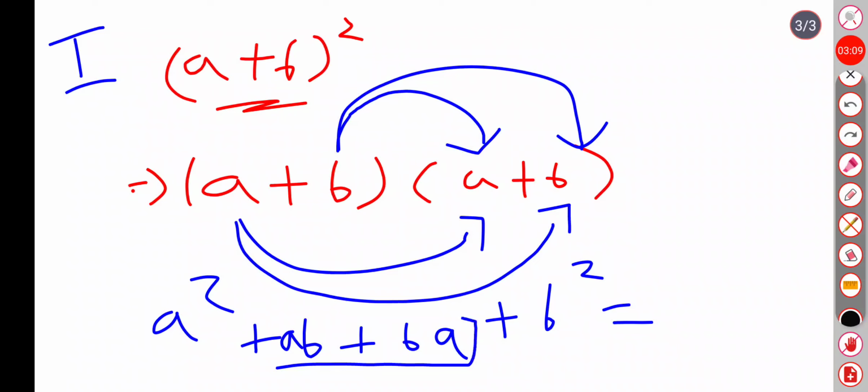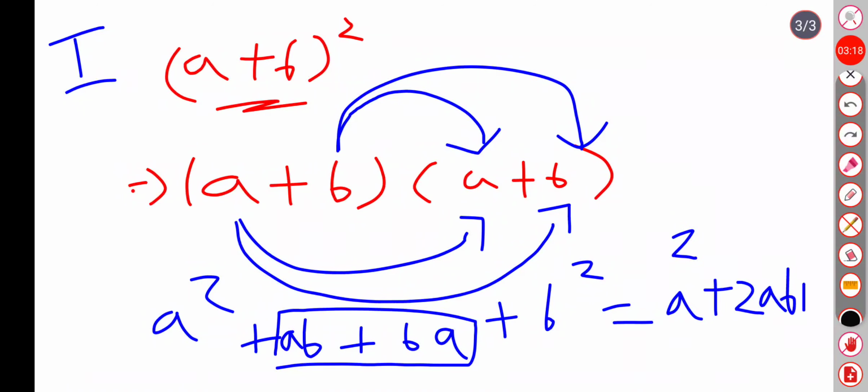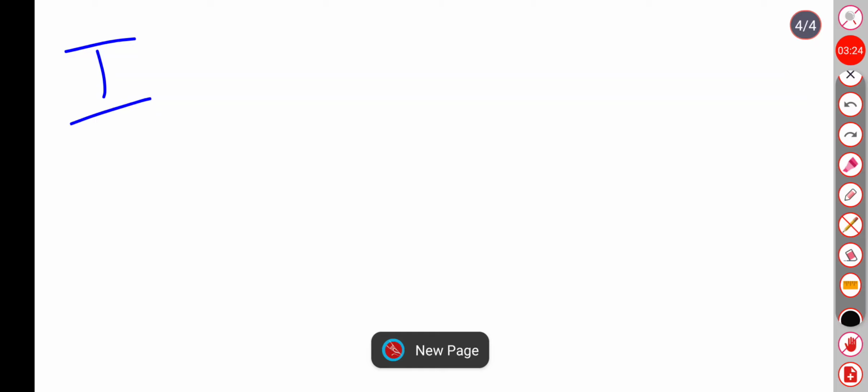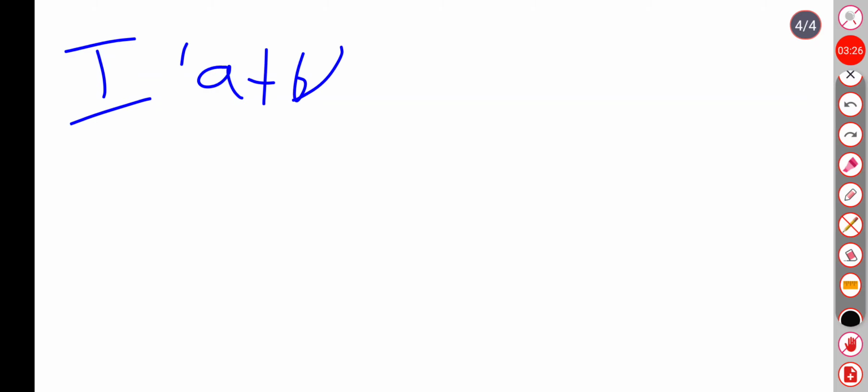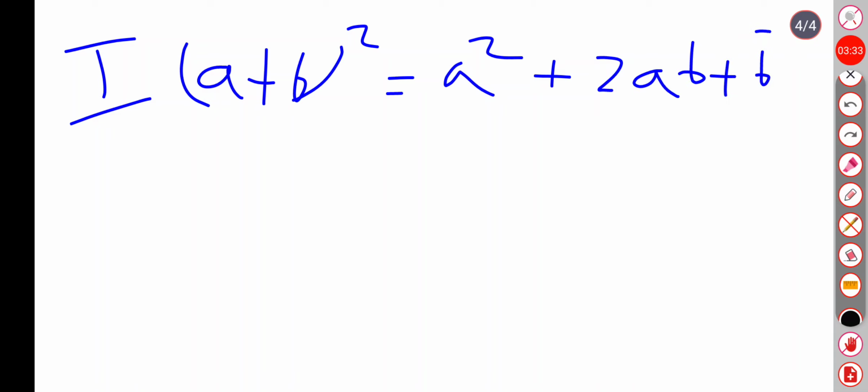Now we can see ab and ba can be added, which give us 2ab. So a square plus 2ab plus b square, which gives us the first identity, a plus b the whole square equal to a square plus 2ab plus b square. This is the first identity.